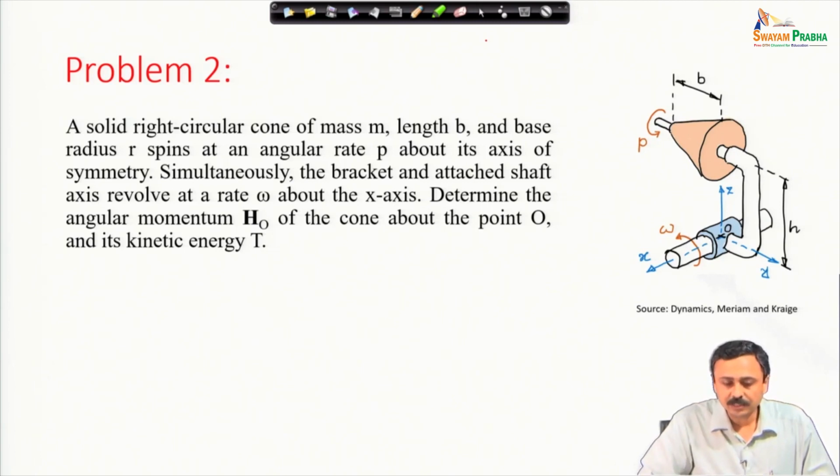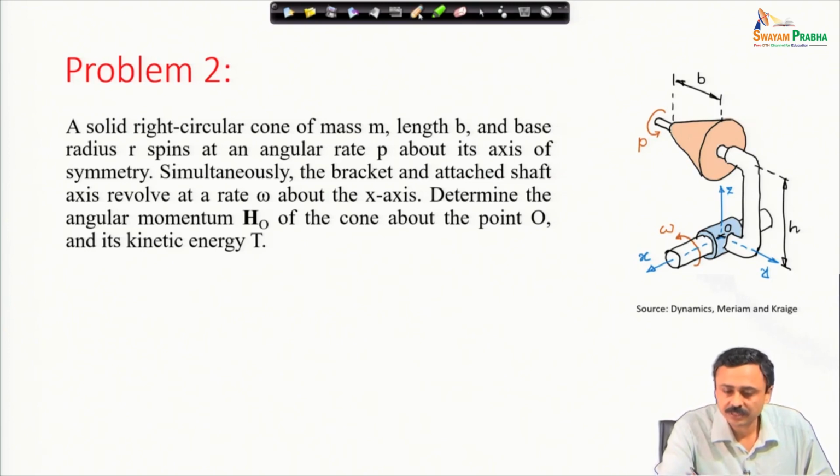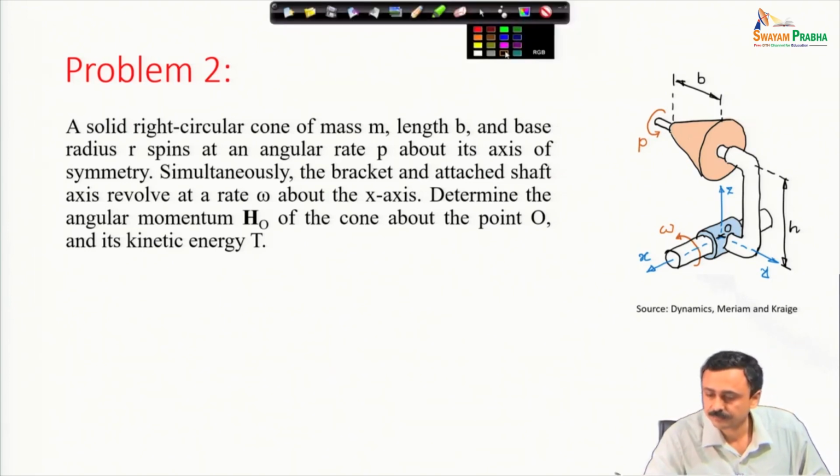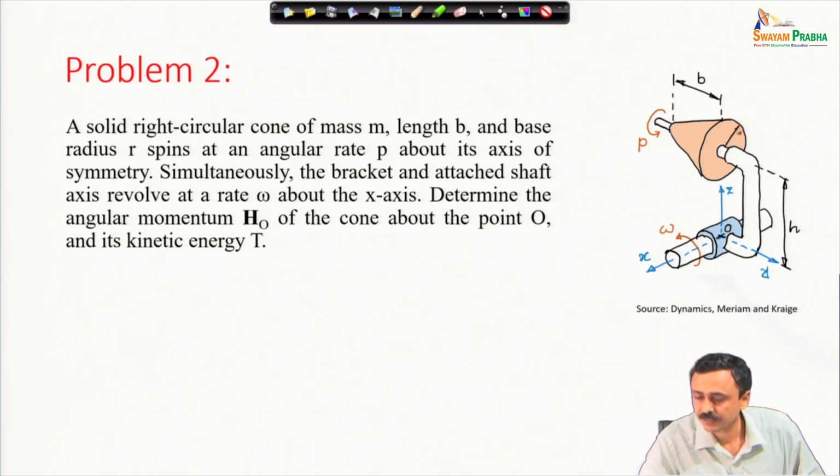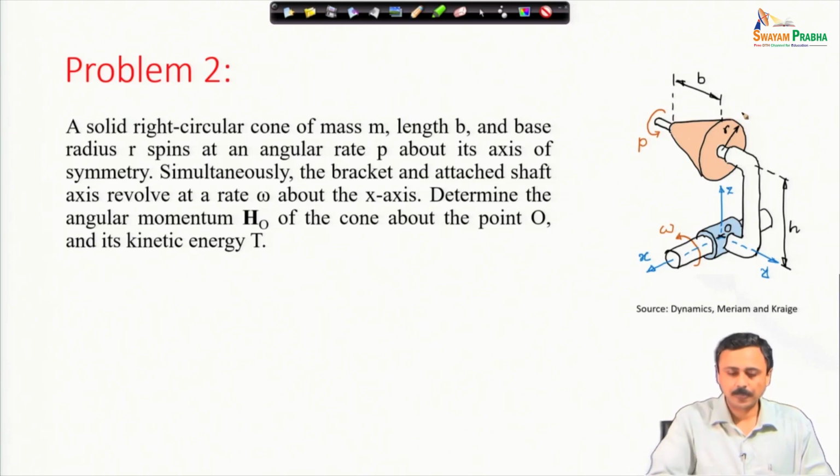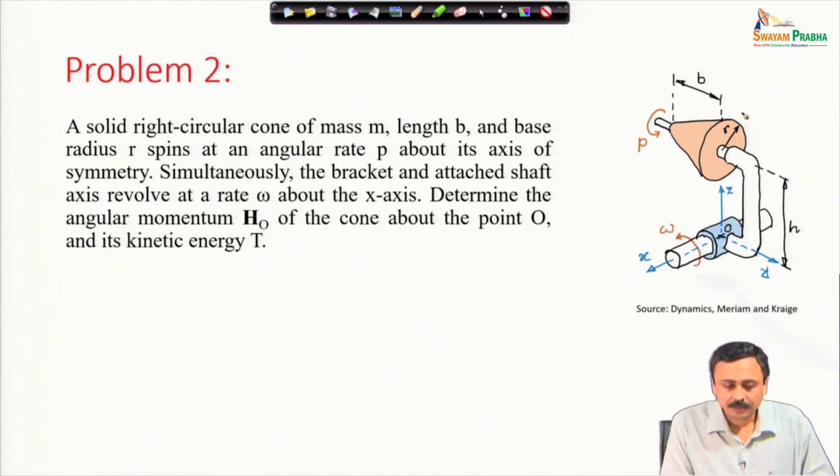A solid right circular cone of mass m, length b and base radius r. The base radius is this dimension, this is the base radius. This cone spins at an angular rate p about its axis of symmetry.